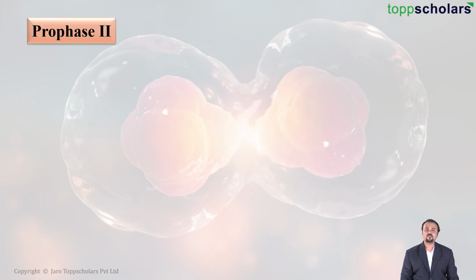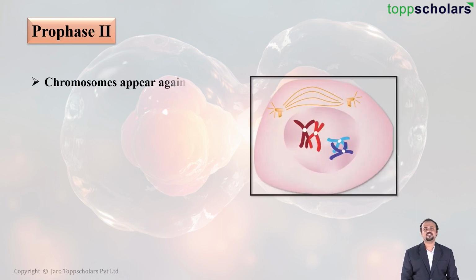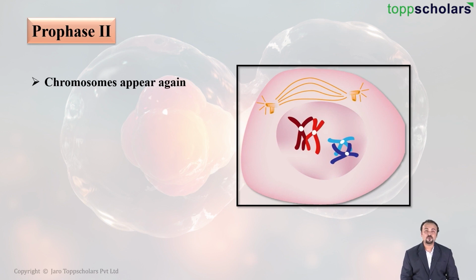Okay students, moving on, let us start with the very first phase of Meiosis II, that is Prophase II. Now students, what is going to happen here? Let us see. Very firstly, the chromosomes start to appear again, followed by the disappearance of the nuclear membrane. Students, if you remember, even in Prophase I, the nuclear membrane had disappeared.